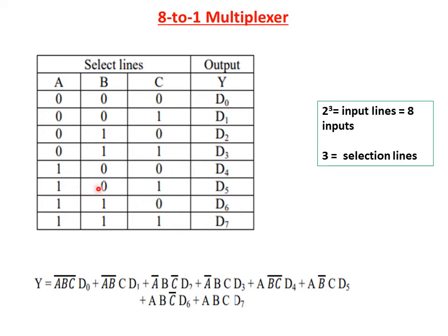Here A, B bar, C, D5. Here A, B, C bar, D6. Here A, B, C, D7. This way we can write the expressions for all the 8 outputs, and finally the output Y is equal to the combination of all these outputs.